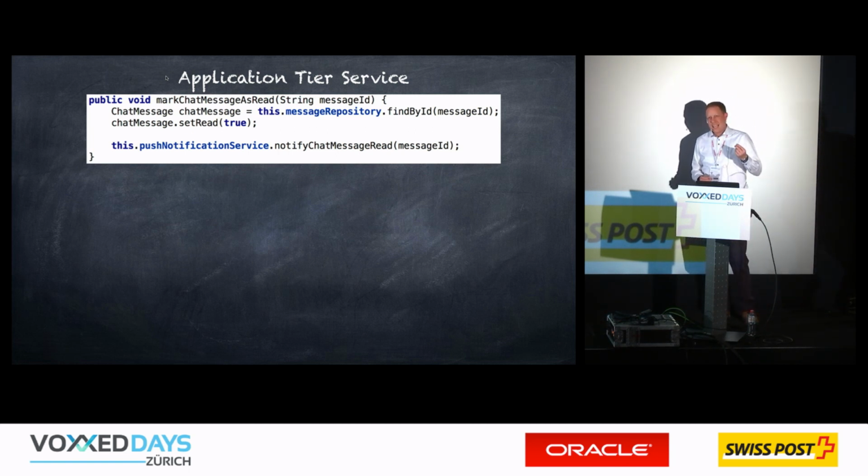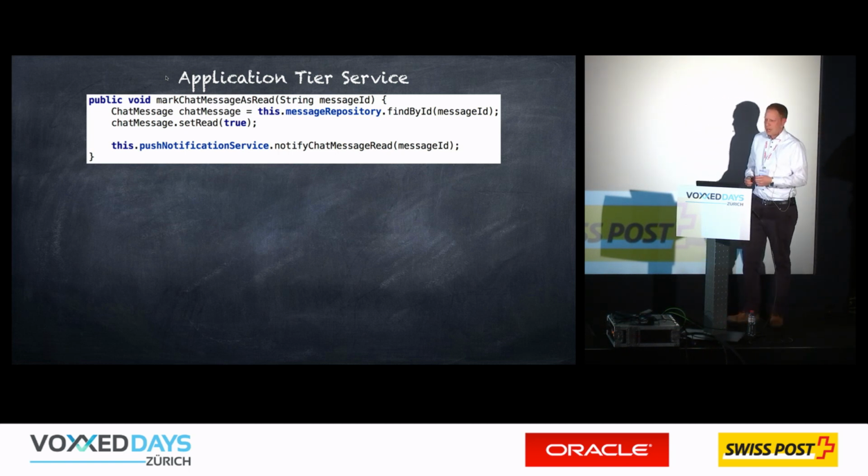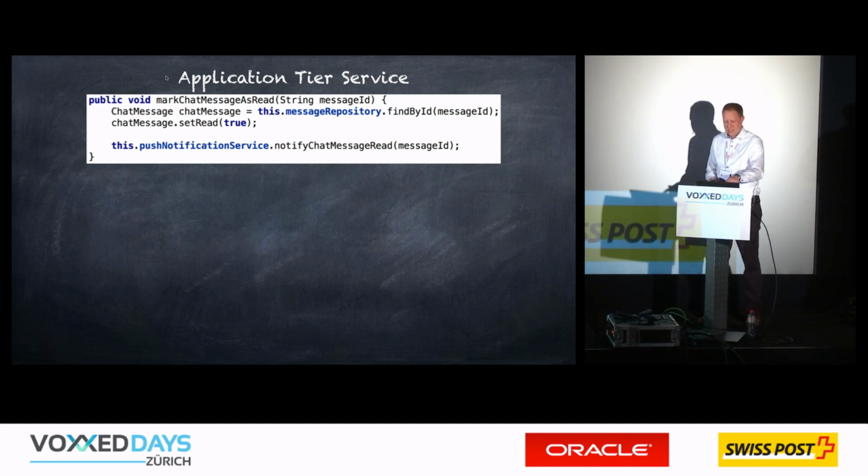And that's a business operation in the sense that the business would tell you, hey, I would like that the people chatting are seeing when a message is read or not.